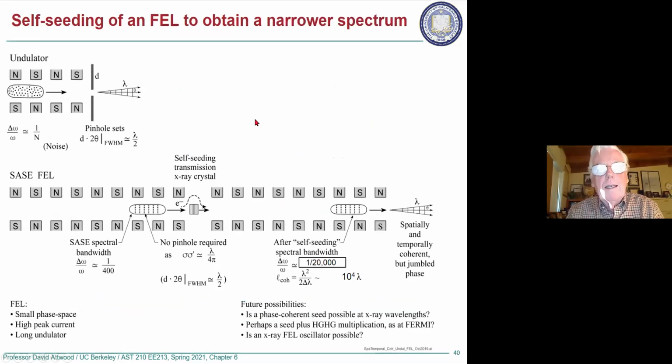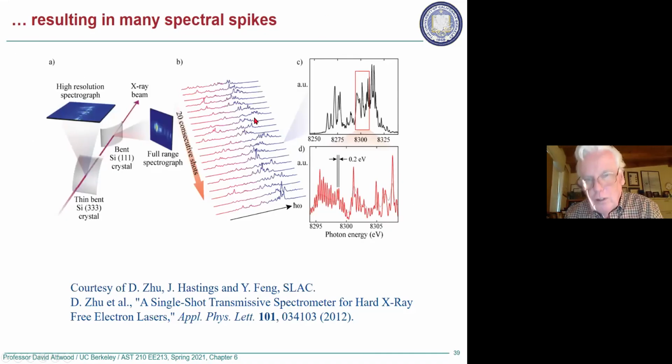So this is annoying for people who are doing spectroscopy or spectroscopy-related experiments. They'd like to get the laser light out and keep the spatial coherence, but they'd like it to be in not so many spikes.